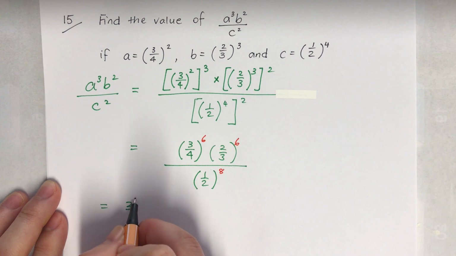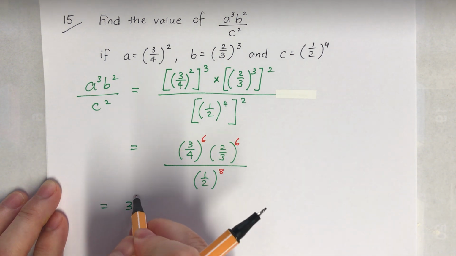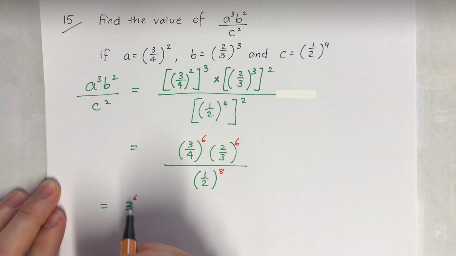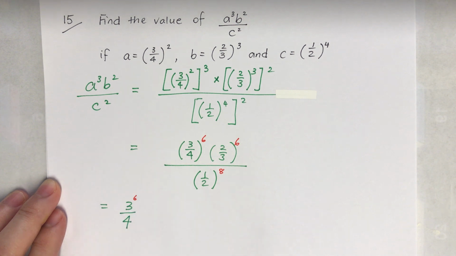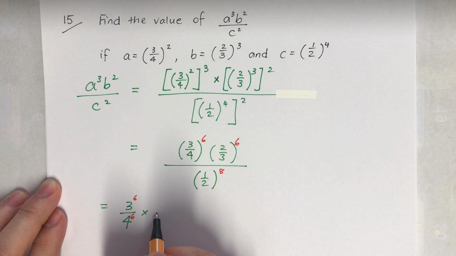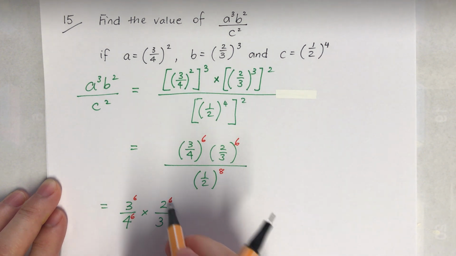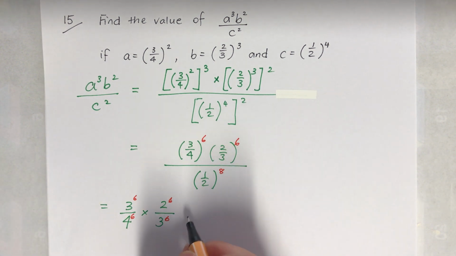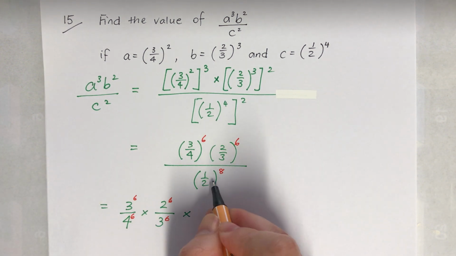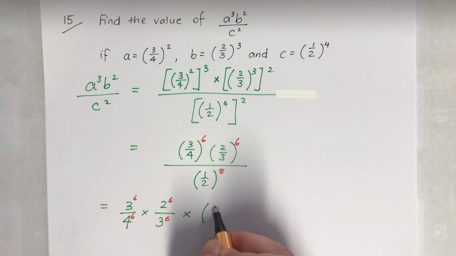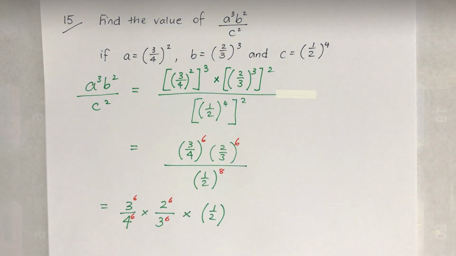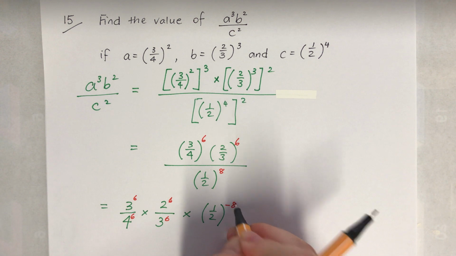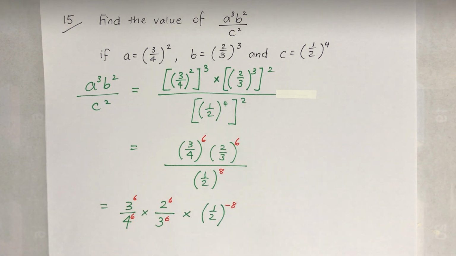So 3 to the power of 6 over 4 to the power of 6 times the power of 6, and I'm going to do times by -8. Remember, when it's times by, it's -8.